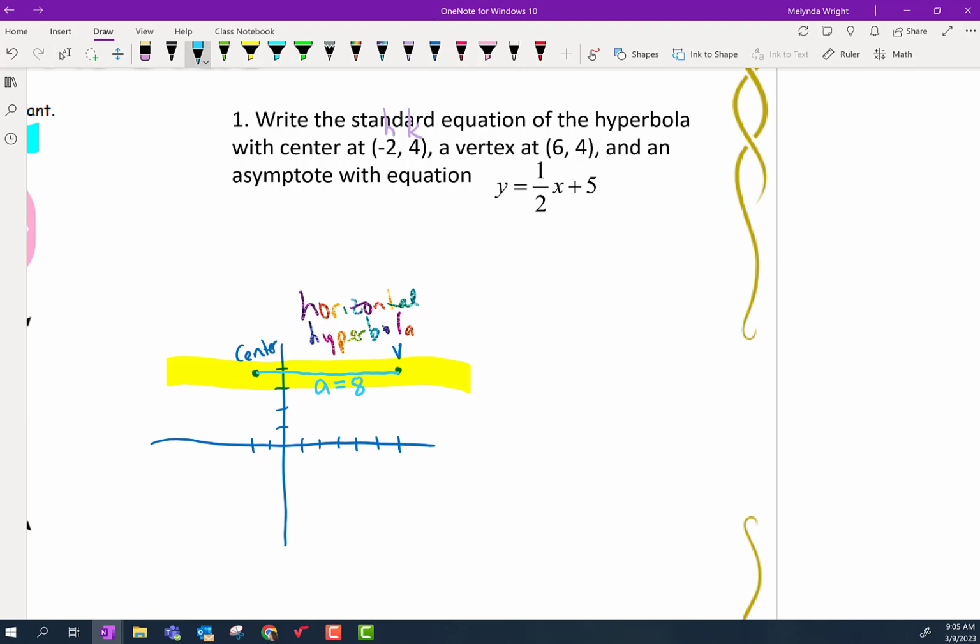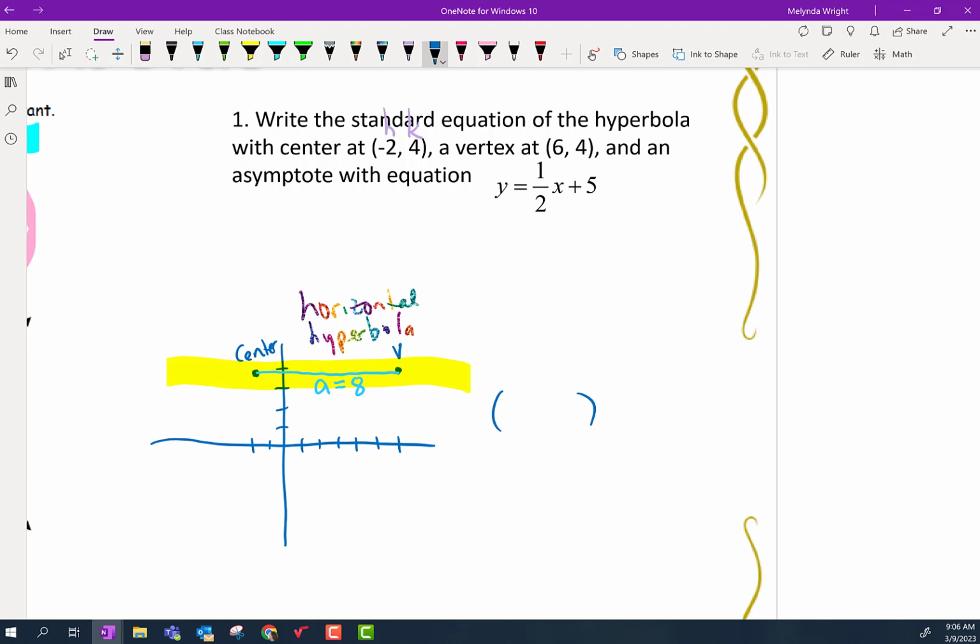Okay, great. I have a lot of information so far. So let's write what we have so far. I have h, which is -2. Now, since this is a horizontal hyperbola, the x fraction is the positive fraction. It comes first.